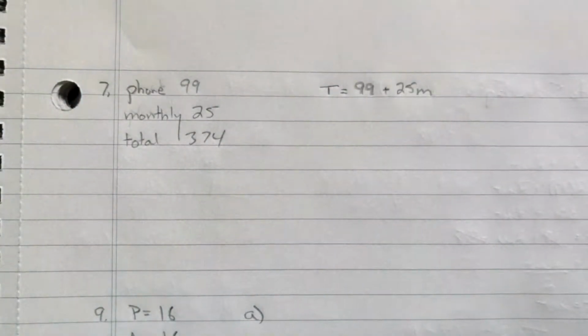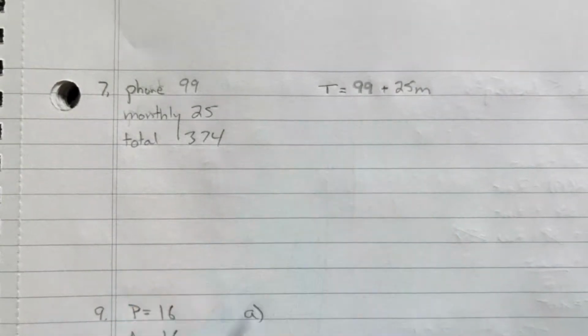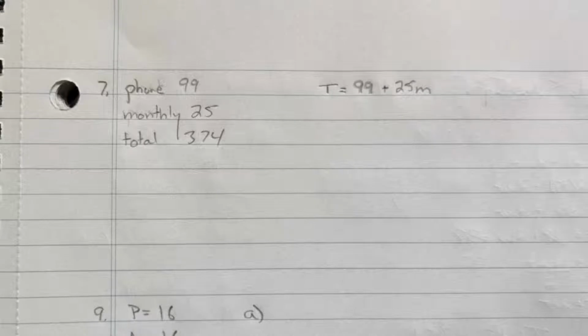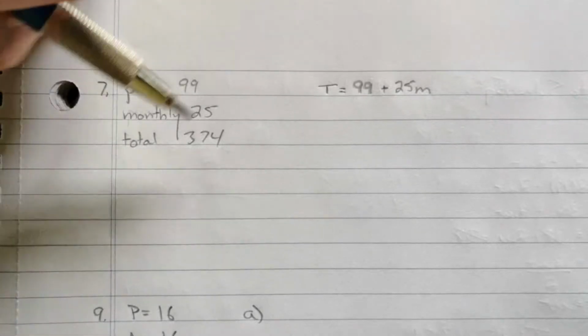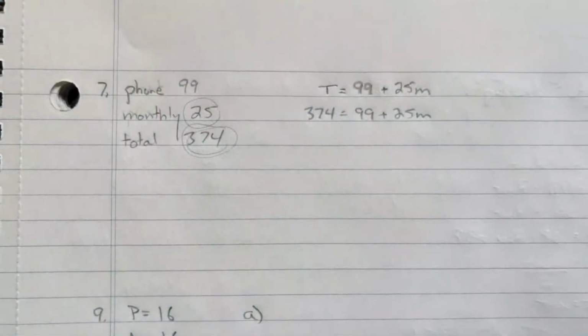And again, this would be our K value. This would be our B value in our partial variation equations from the linear systems section. So now we can fill in our total cost here, which is when it reaches $374, and we're going to solve for M.